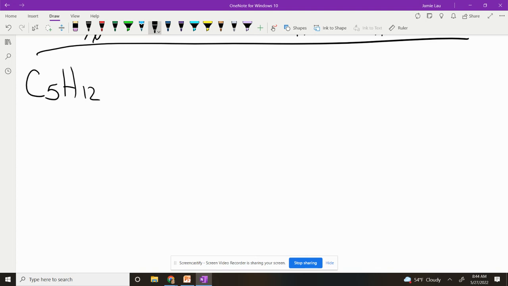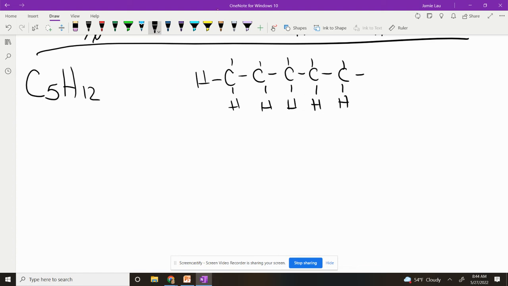The first structure that comes to mind for most people is putting all the carbons in a chain and then putting the hydrogens around them. 1, 2, 3, 4, 5, 6, 7, 8, 9, 10, 11, 12.